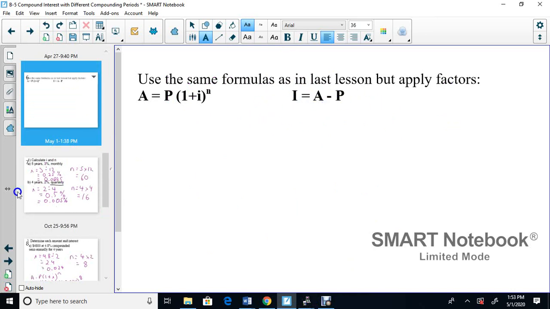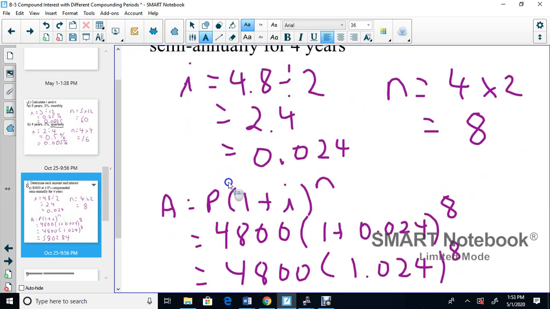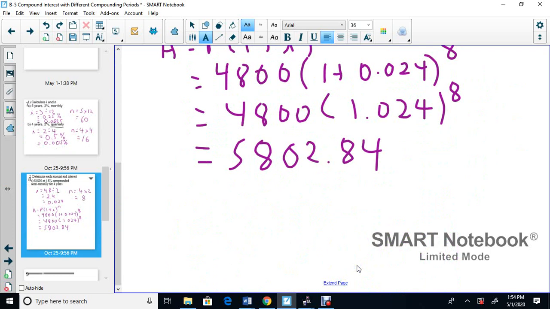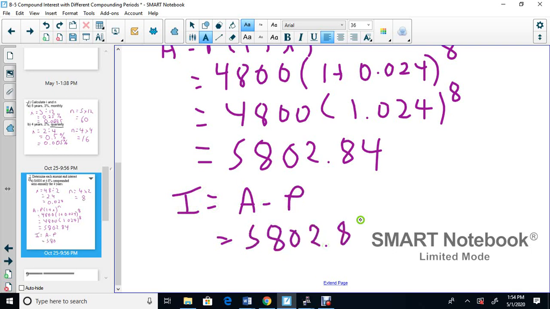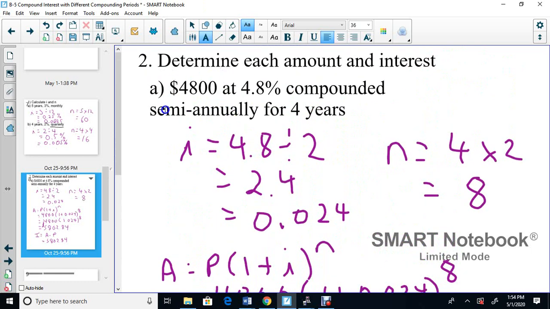Okay, now the next part, the interest. The interest is A minus P. We figured out A, so our interest is A minus P. We just figured out A, $5,802.84, and that's in dollars. So our final answer should be dollars here. Now, this is our principal, 4,800. It's right here in the question.